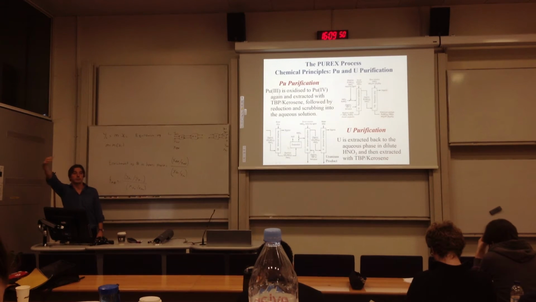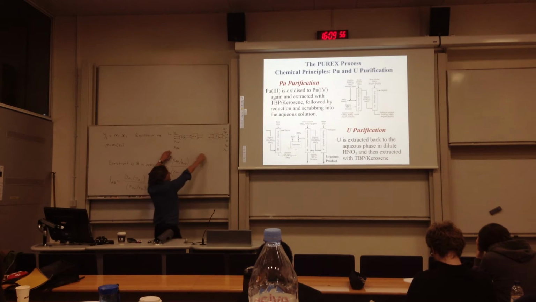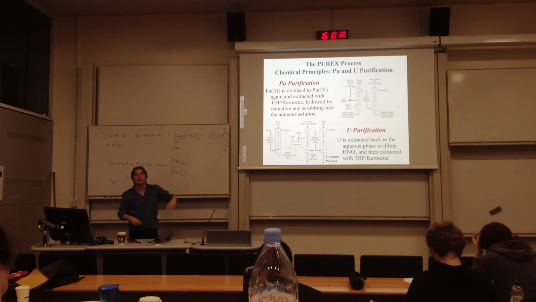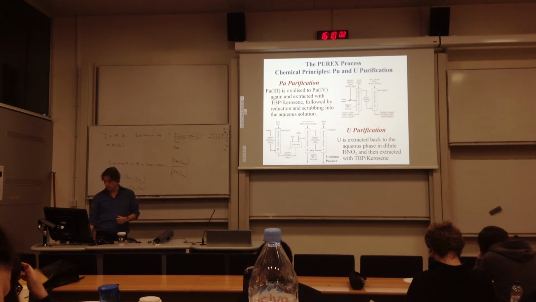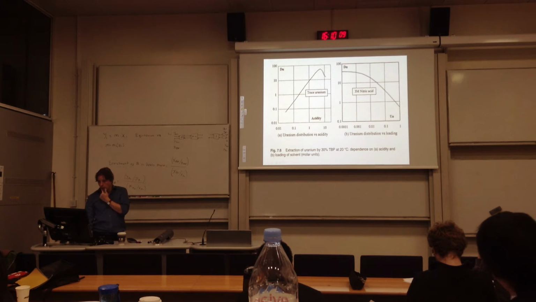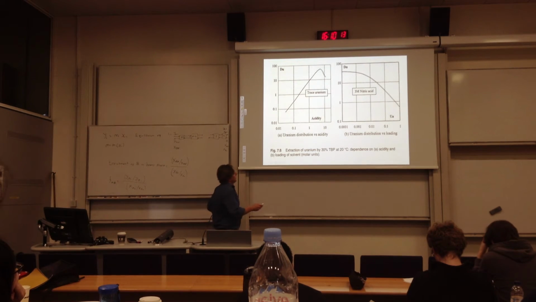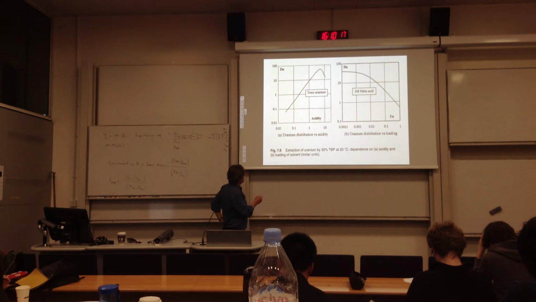For a given M, we can calculate the number of stages in the ways we have done, and then you can achieve any degree of separation you want. So this is just some numbers on the distribution of uranium as a function of acidity.